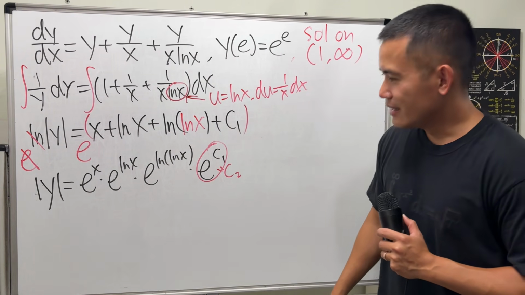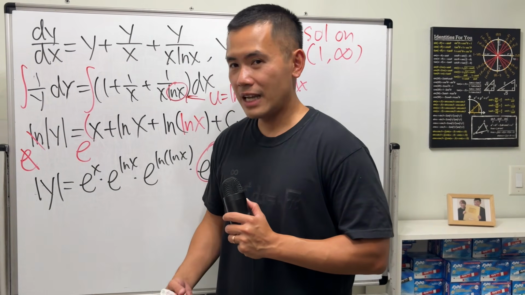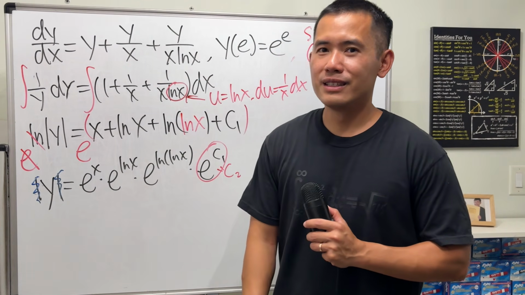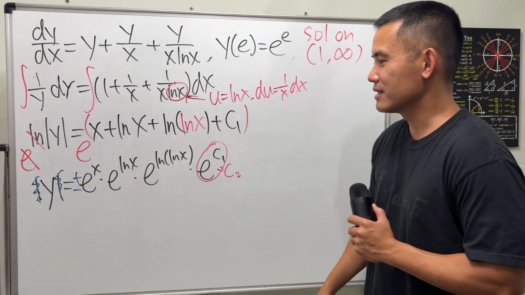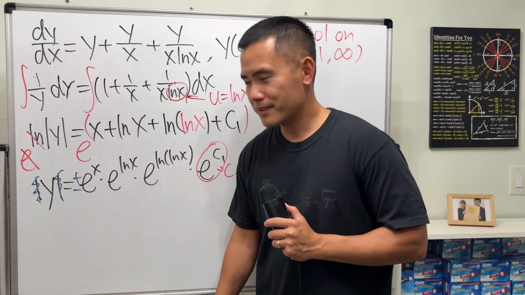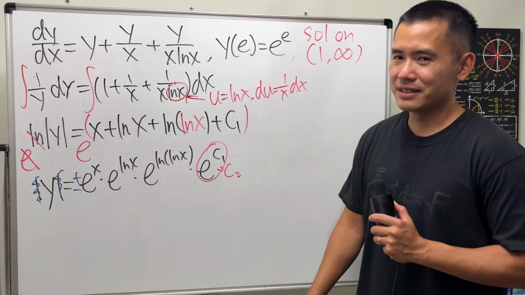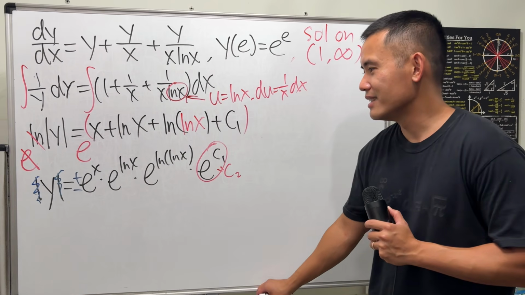Good. Then we are going to get rid of the absolute value around the y. How? You really just get rid of it. But of course, on the right hand side, you have to remember to put down the plus or minus. Positive c2 is a constant, negative c2 is a constant. We can just put them as another constant, c3.